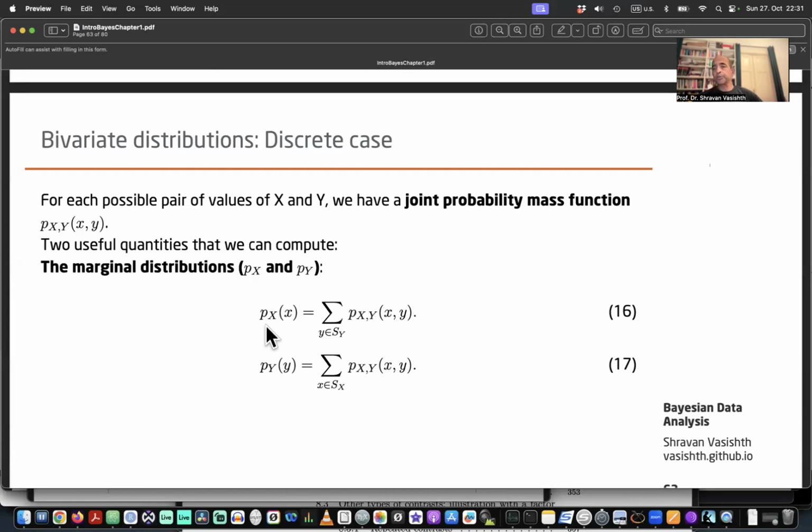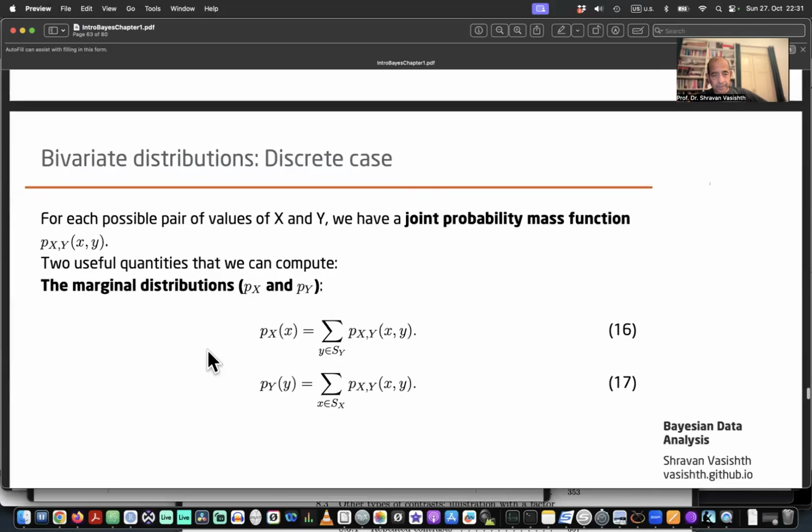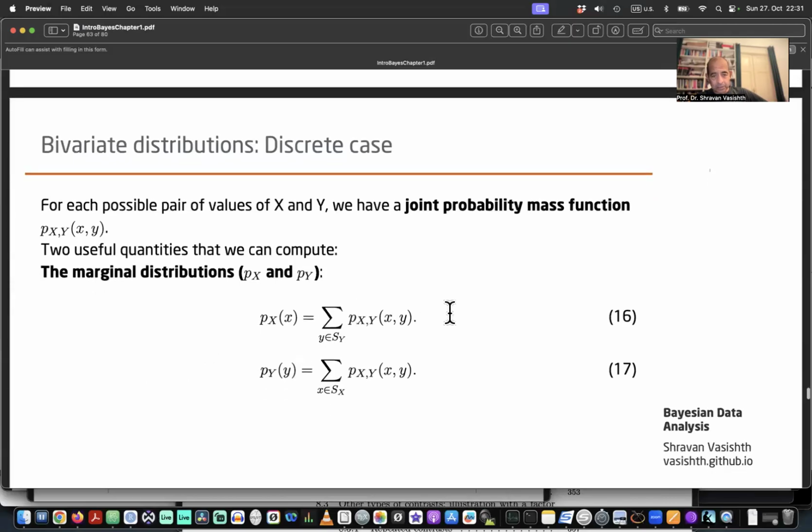If I want to compute the marginal distribution of the random variable x, with these possible events, then I'm going to sum up each of the values in each of these 7 columns, right? I'm going to sum these values up, and that's what this equation is doing here.